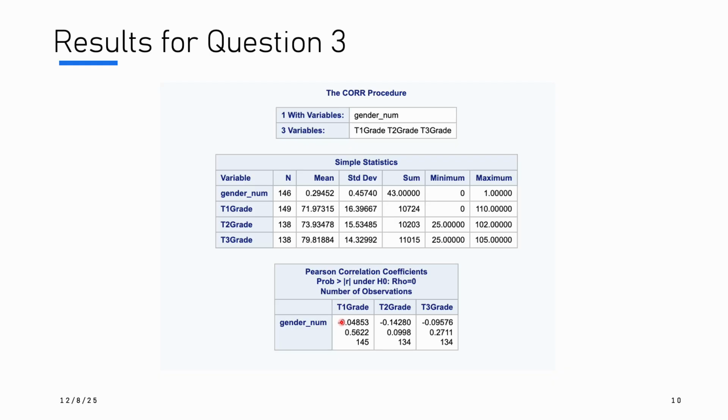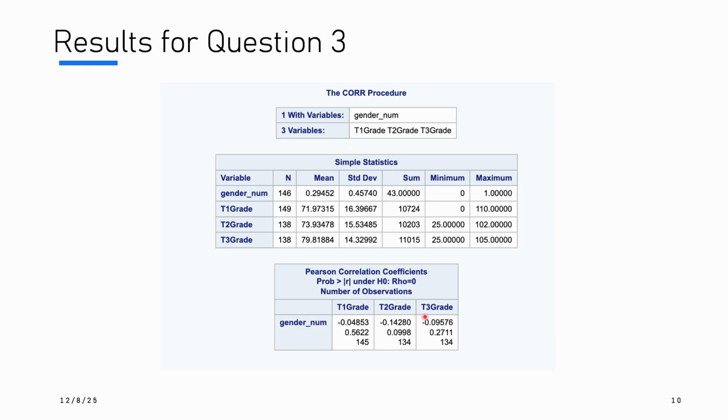For test 2, it was negative 0.14280, which is also weak. For test 3, it was negative 0.09576. This indicates that it was also weak.